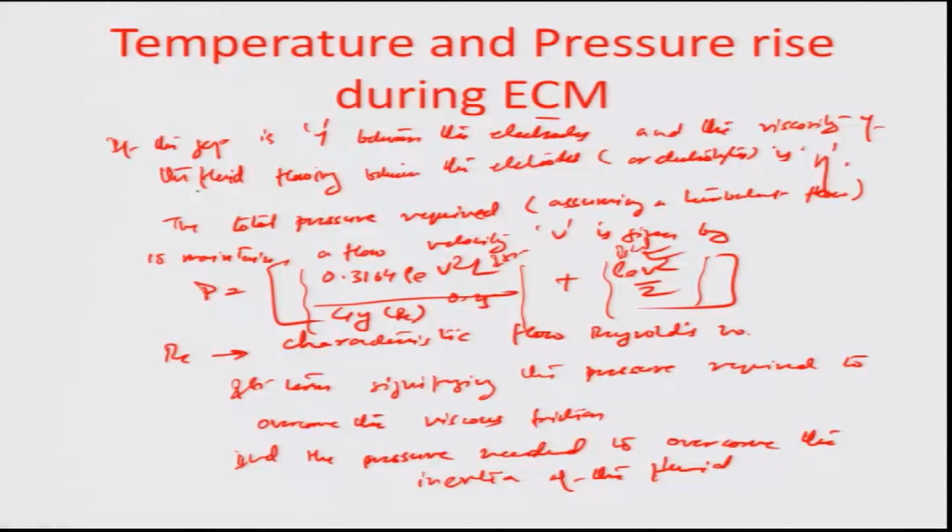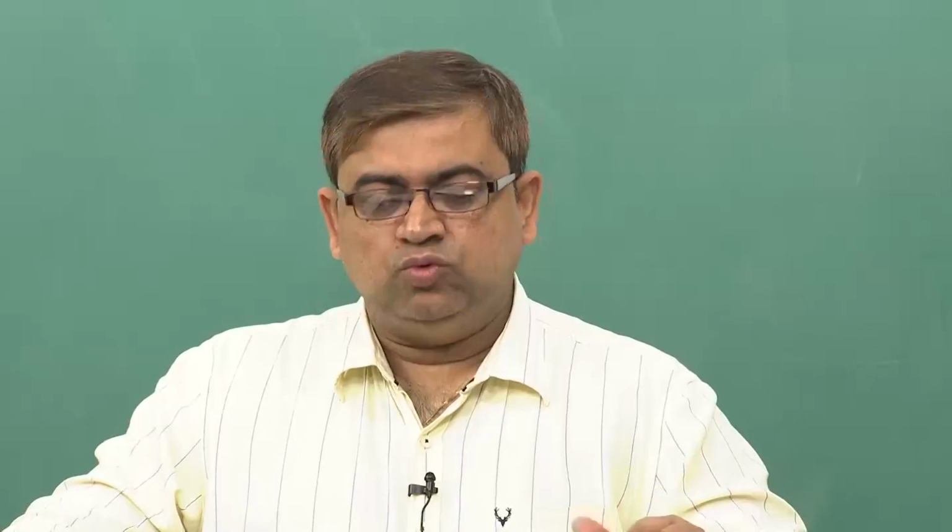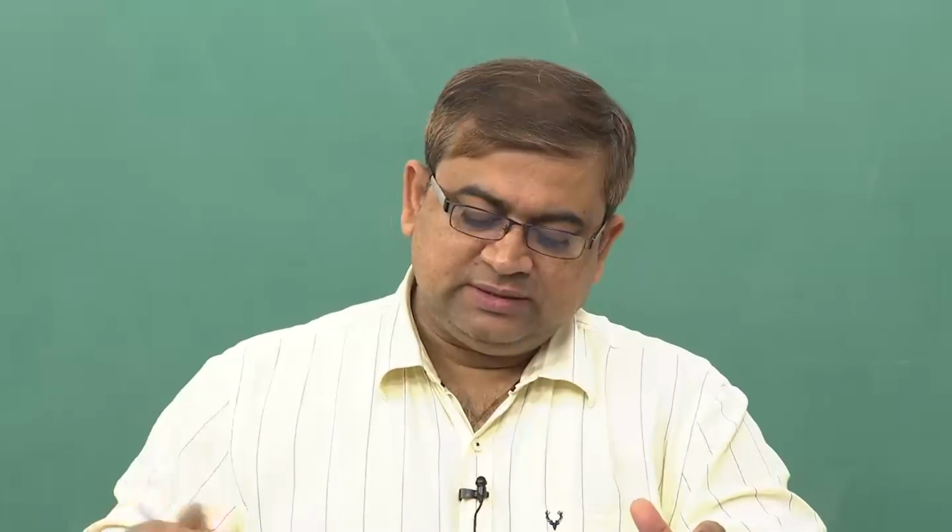So, obviously, the first term, because of the scale factor, becomes more significant in comparison to the second term, because the gap is very small and the inertial effects may not be that predominant in comparison to the surface effect, which would happen more in this case. And so, therefore, we would like to predict this value of the pressure that the electrolyte would apply corresponding to a certain velocity.